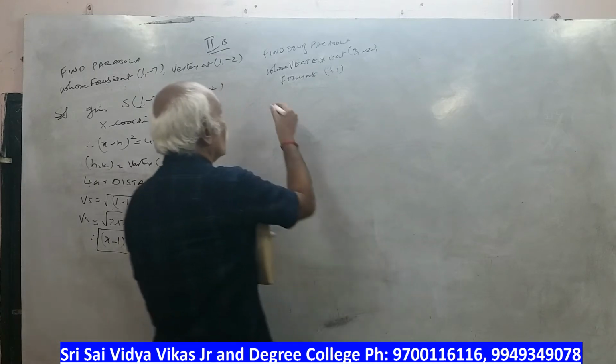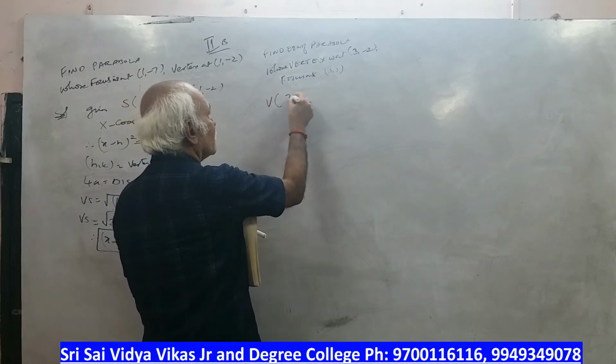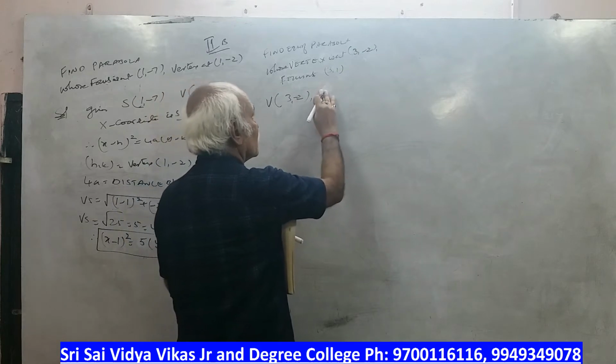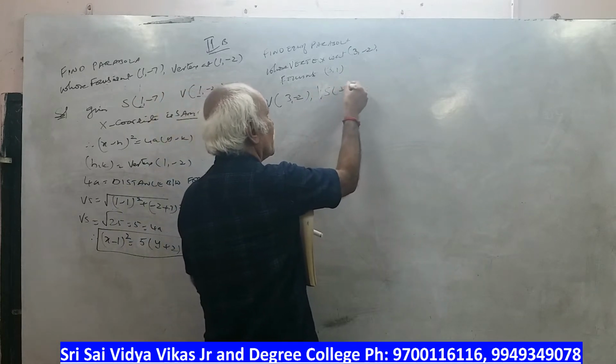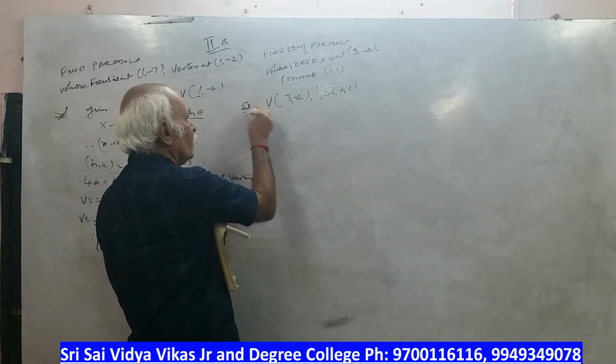Again, the vertex is (3, minus 2), focus (3, 1). Which coordinate is the same?